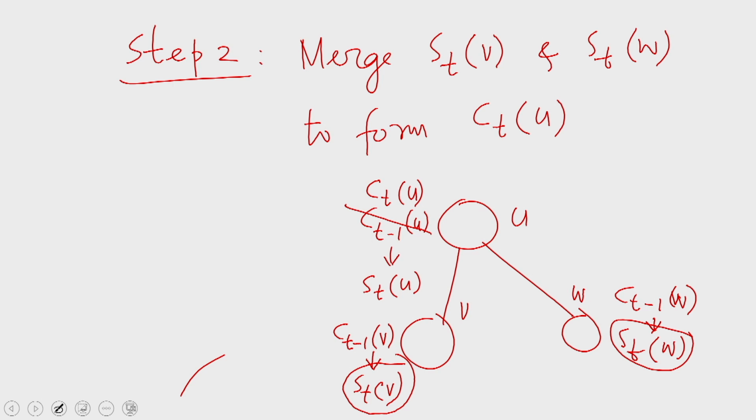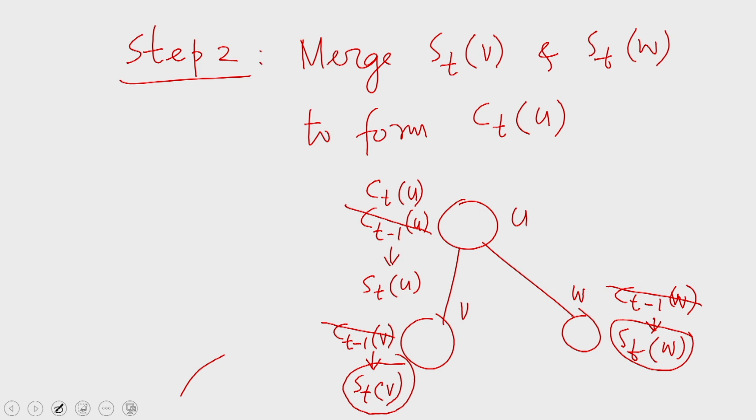Simultaneously, the caches at v and w will be replaced by the samples of their children merged appropriately. So, all the caches at all the nodes will get updated simultaneously. So, that is the structure of the algorithm.